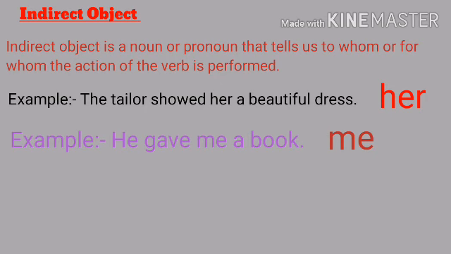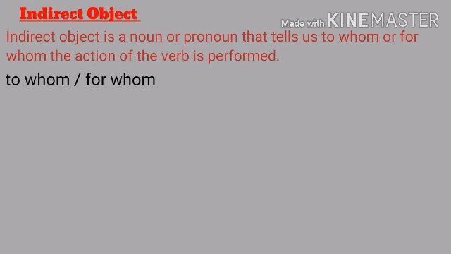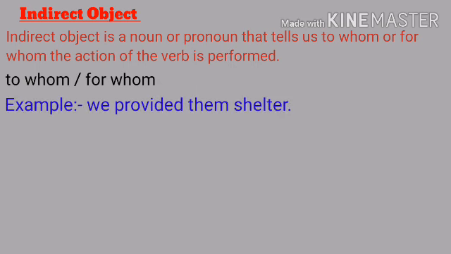Dear children, I will tell you a simple way to identify the indirect object. In order to identify the indirect object, you must ask the question to whom or for whom. For example, we provided them shelter.